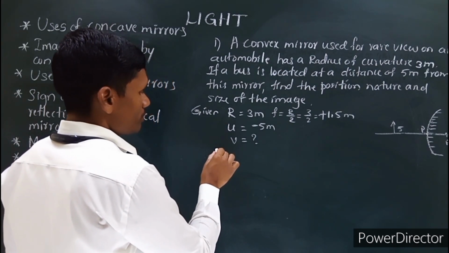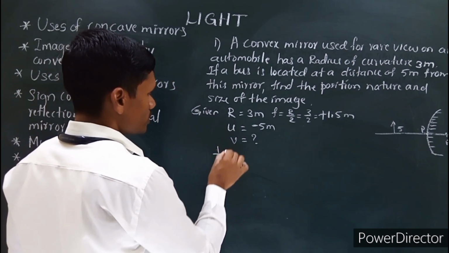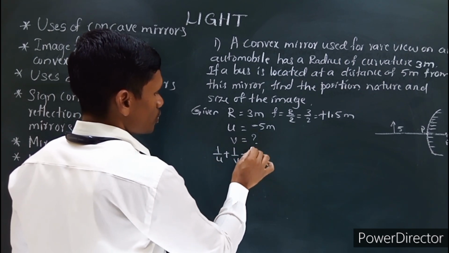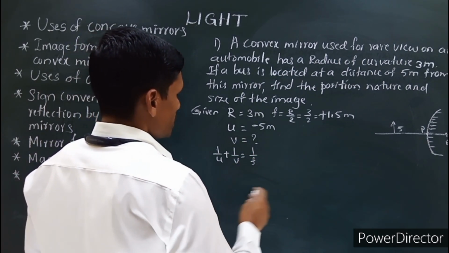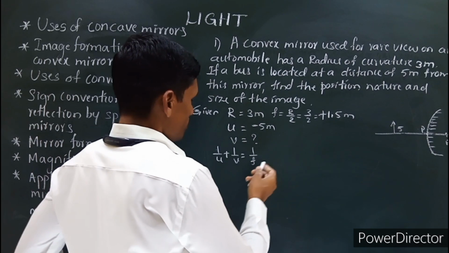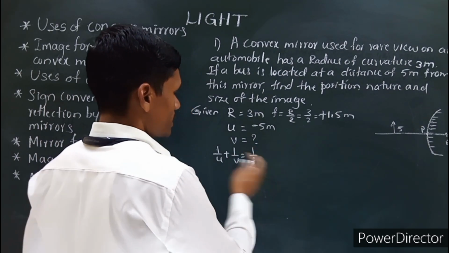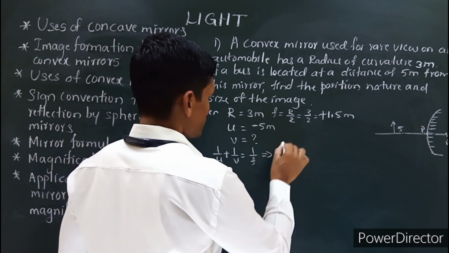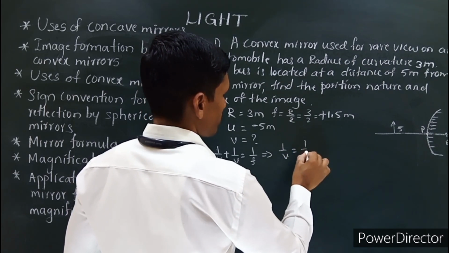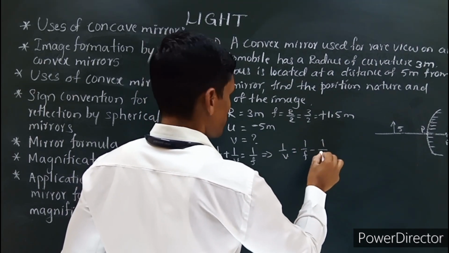Now according to mirror formula, 1 by u plus 1 by v is equal to 1 by f. We know this already. Now what we'll do is, we'll take v, that is image distance, to one side. This implies 1 by v will be equal to 1 by f minus 1 by u.